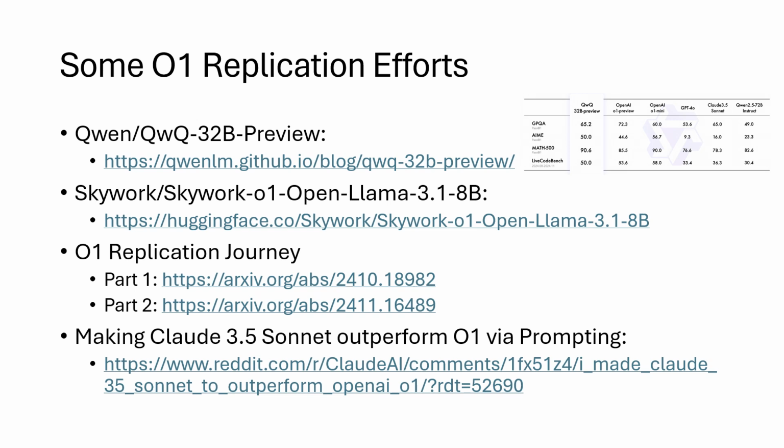You can see that its performance in this figure is much better than some baseline models. I think it's better than Claude 3.5 and GPT-4o. And Skywork also released their smaller 8 billion size O1 replication, also on Hugging Face.